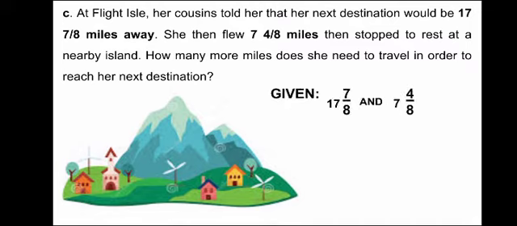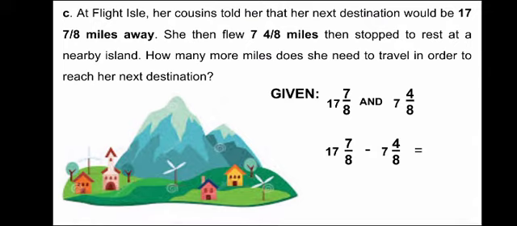The given are 17 and 7/8 and 7 and 4/8. Okay, what we're gonna do is we're gonna do subtraction of fractions. So we're gonna subtract 17 and 7/8 minus 7 and 4/8.